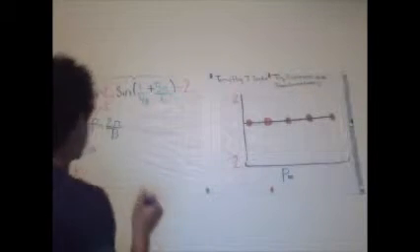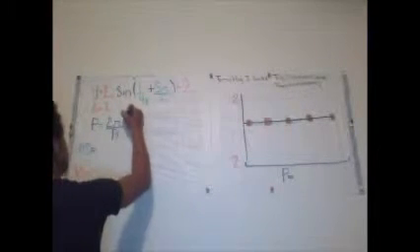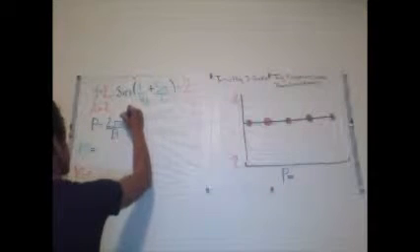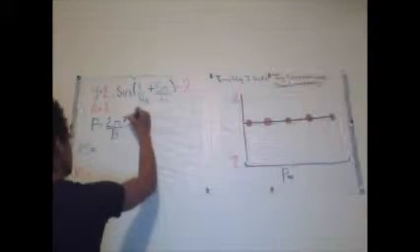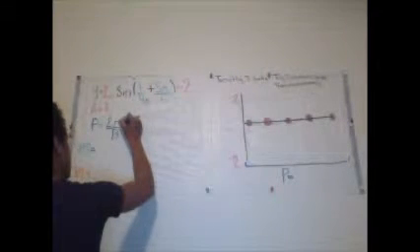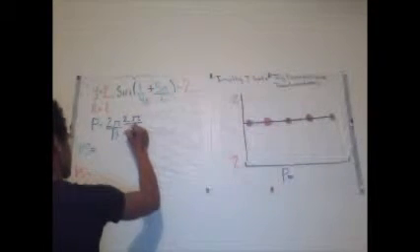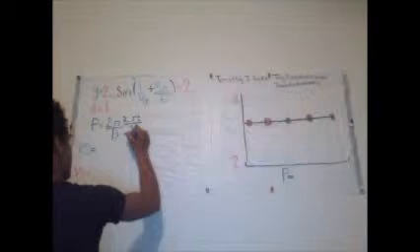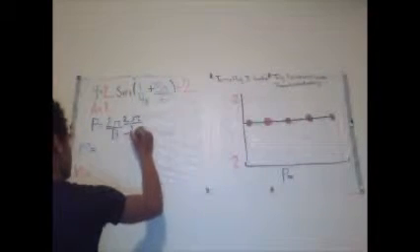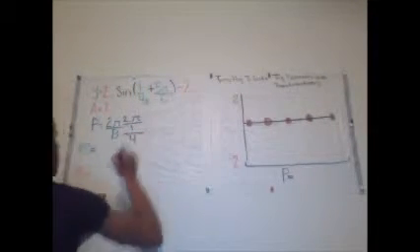So, let's rewrite this out, okay? So now we have 2 pi over 1 over 4.